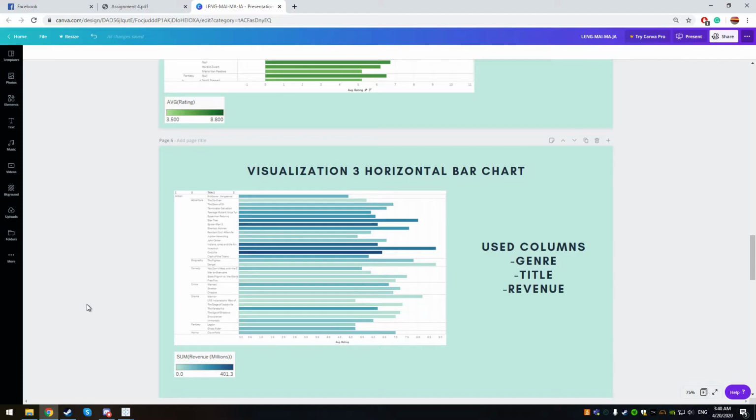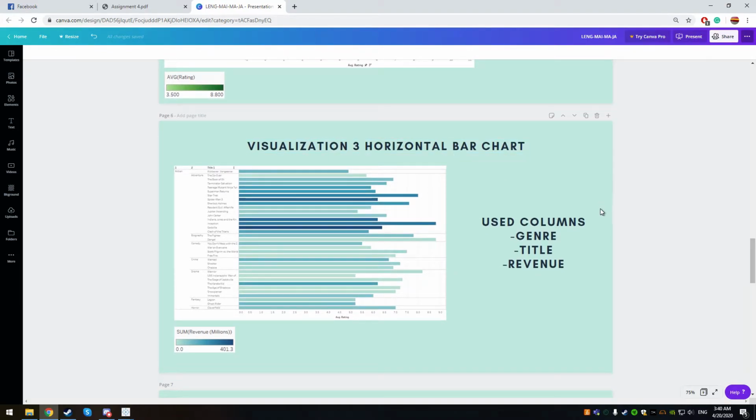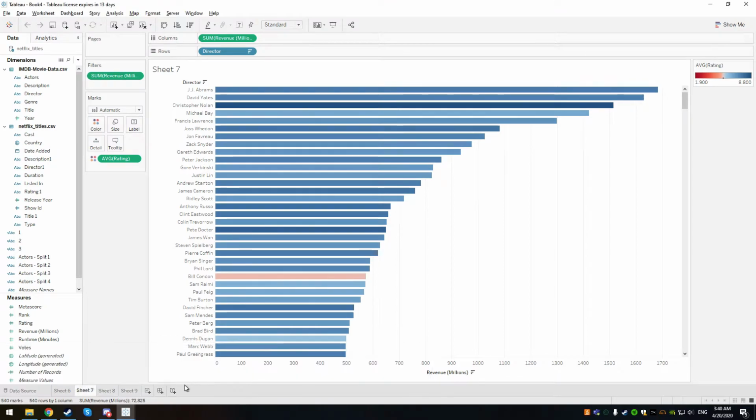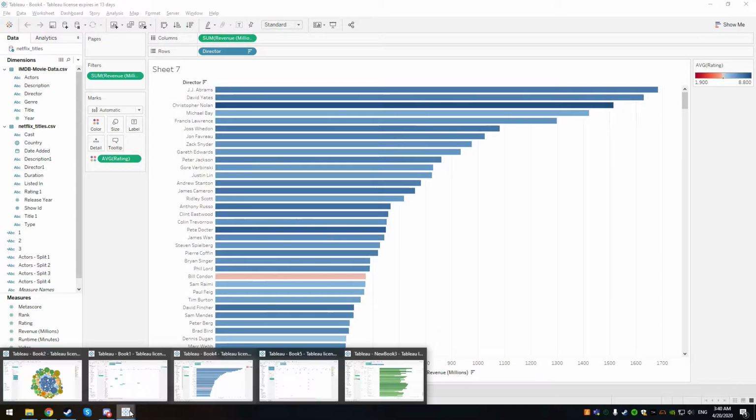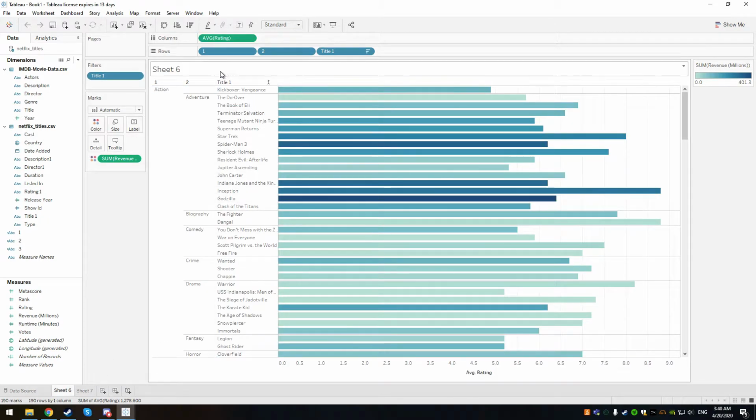Move to the next visualization. We stick to the horizontal bar charts. We use columns of genre, title, and revenue. The first is the same. We have category and subcategories. But what is different is it's a title.